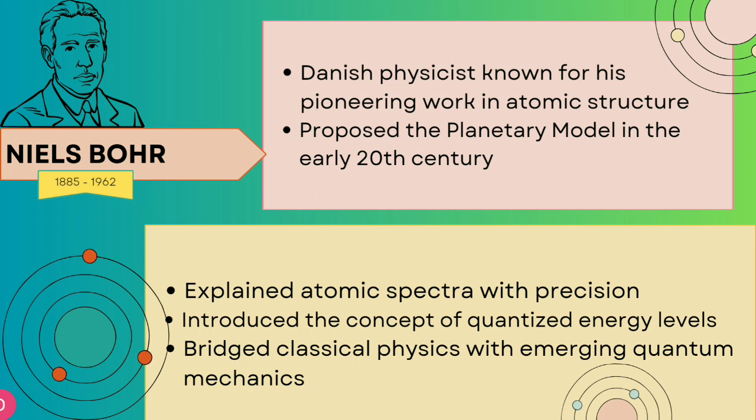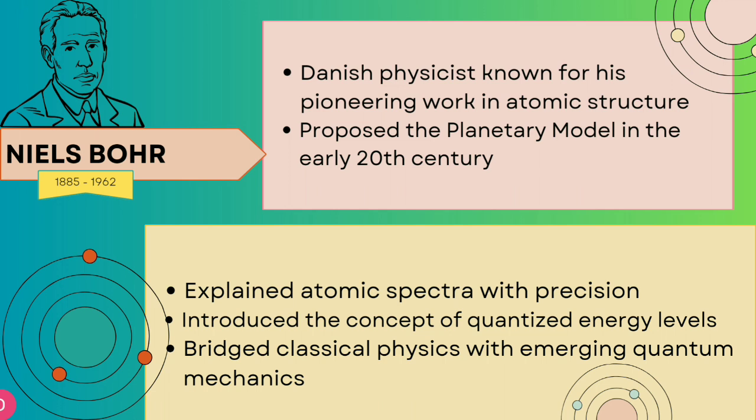Niels Bohr, a Danish physicist known for his pioneering work in atomic structure, proposed the planetary model in the early 20th century. There are the following main points of Bohr's atomic theory.